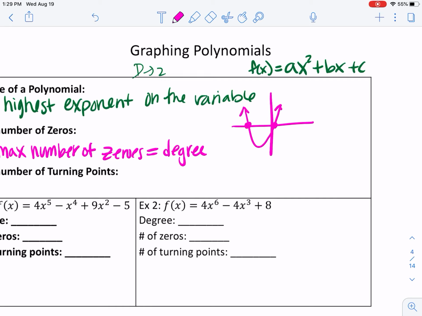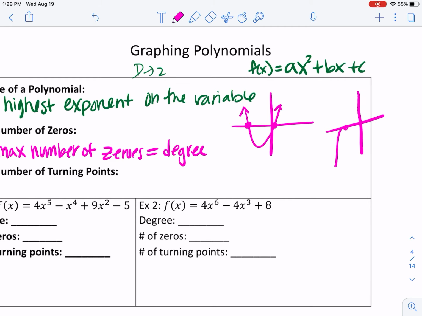You can see this quadratic has 2 x-intercepts. This is a really common way that we'll see quadratics, whether they're going up or down, they typically cross that x-axis twice. But the reason why we say it's the maximum number is because I know it's not possible for this one to come back. It's not going to cross again. However, it could cross less.